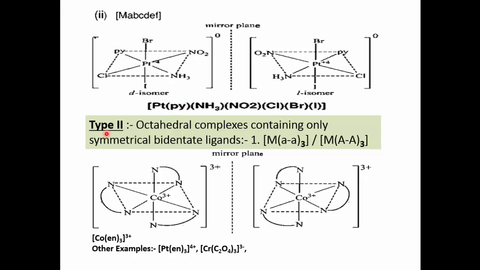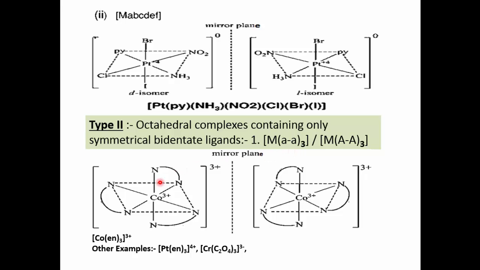Now see type number 2, octahedral complexes containing only symmetrical bidentate ligands. Bidentate ligand is present, that means these are AA type ligands, where the two donor atoms of the ligand molecule are the same.